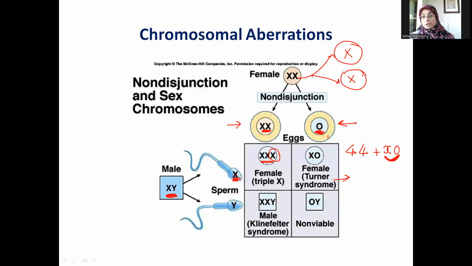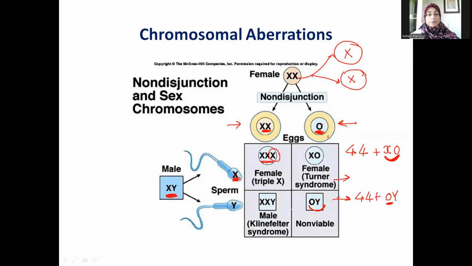The fertilization of that 0X ovum with that Y sperm gives the sex chromosomal structure OY, meaning that the whole chromosomal structure would be 44 autosomes plus OY. We have said before in part 5 that the X chromosome is important for the formation of certain internal organs.